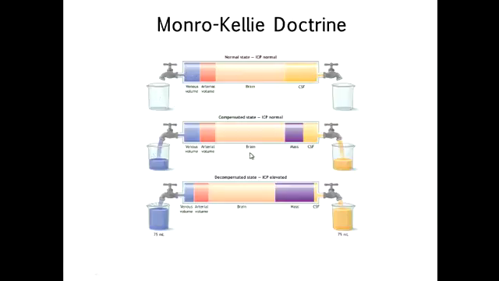And that's what we see in this situation here, in which the brain tissue volume is not compromised despite the presence of a mass lesion, like a rapidly expanding hematoma, because the physiologic response allows compensation by removal of excess cerebrospinal fluid and venous volume out of the cranial cavity.